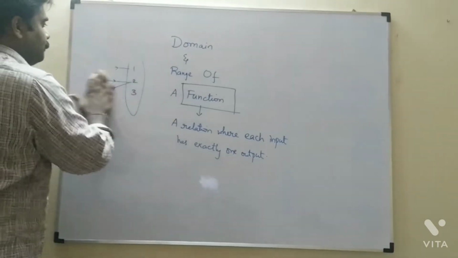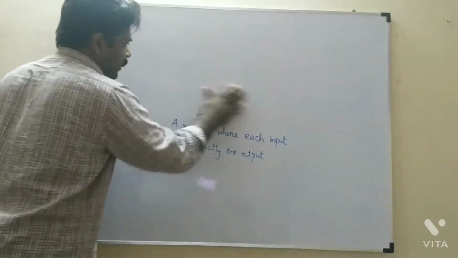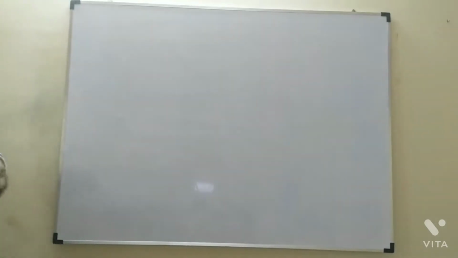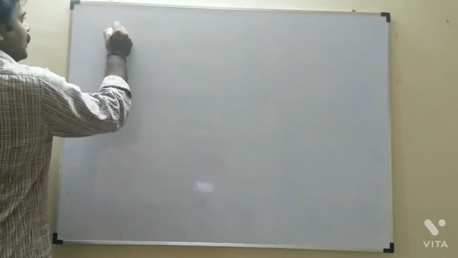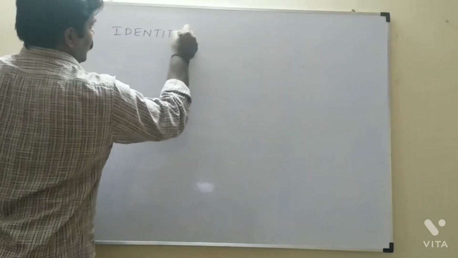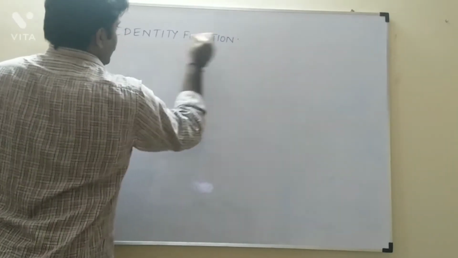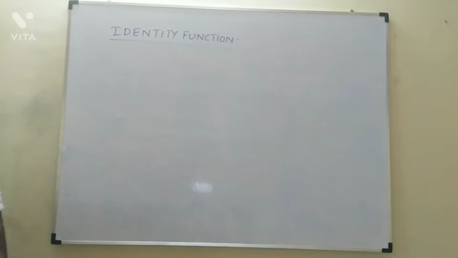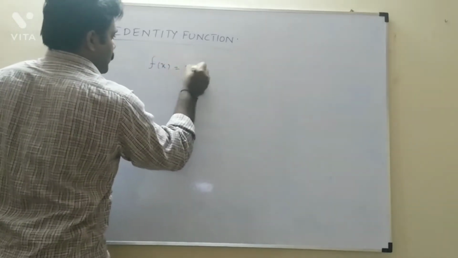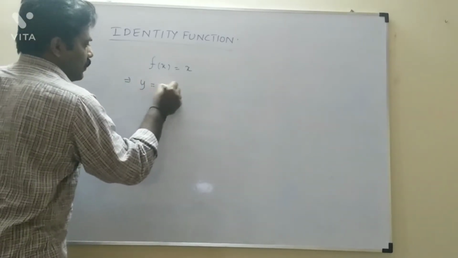Now moving on, there are different types of functions for which we will try to understand the domain and range. Among them, the first one is the identity function. The identity function is nothing but f of x is equal to x, or I can say y is equal to x.